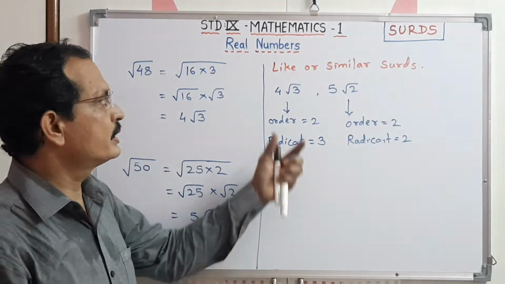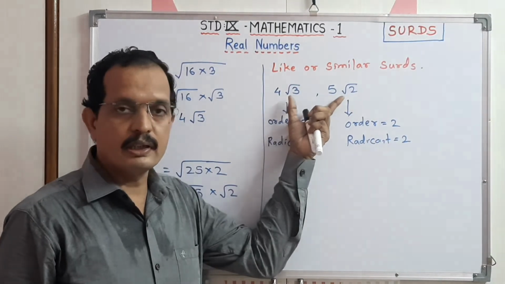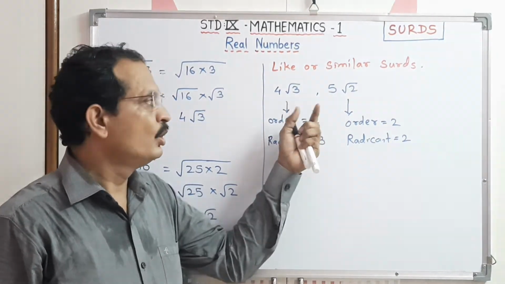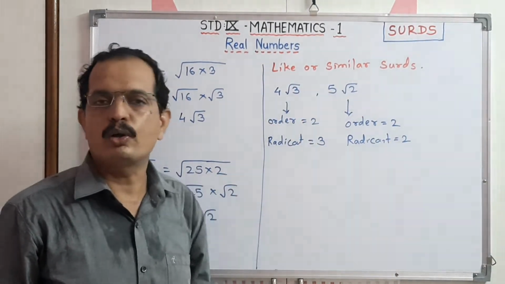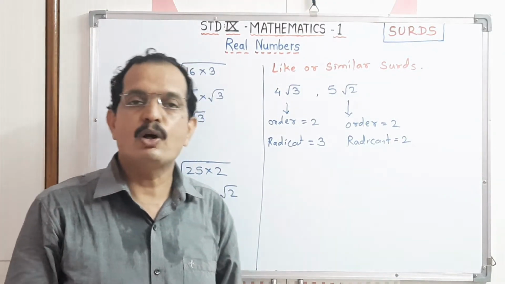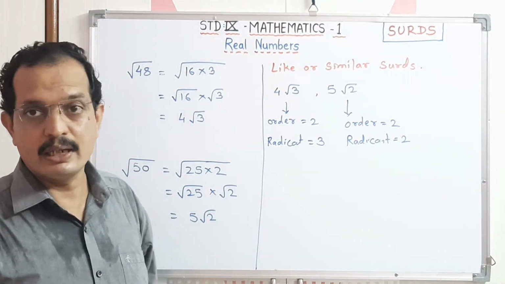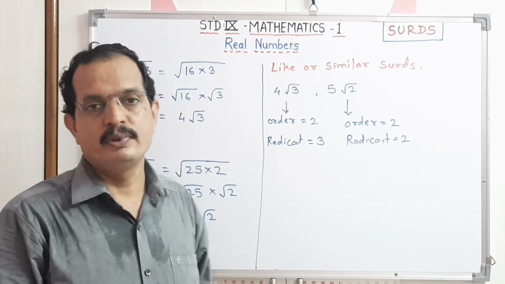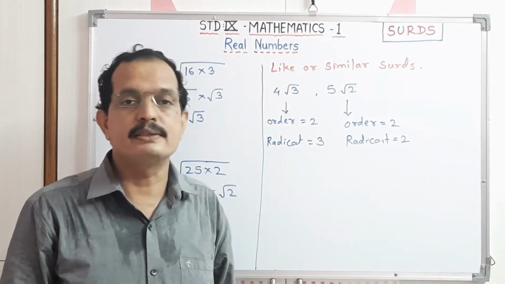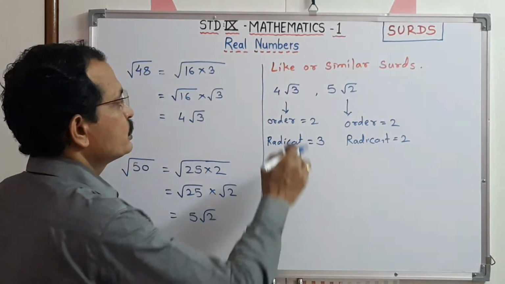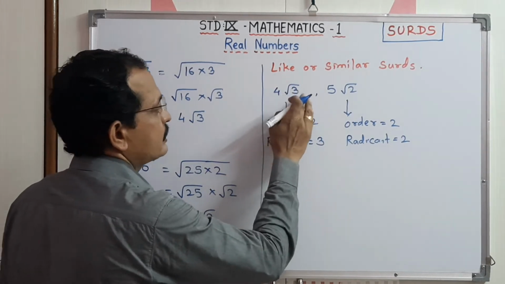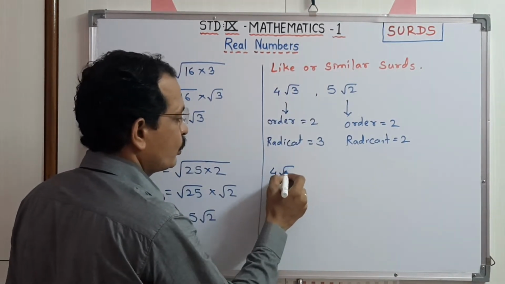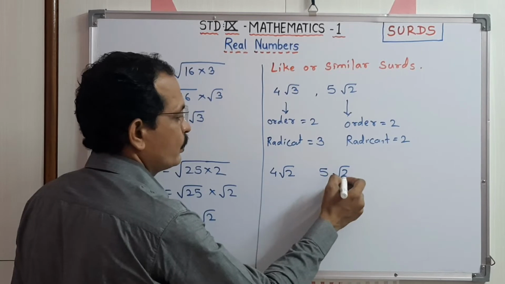Then we are considering whether the two surds are like or similar surds. For that purpose we have to see the order of the surds. If the order is the same as well as the radicand, then the surds are called like surds. Suppose I write here 4 root 2 and 5 root 2.